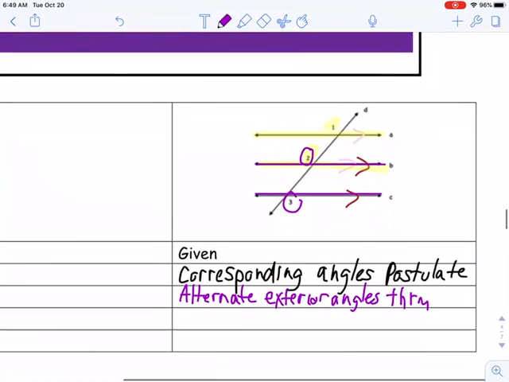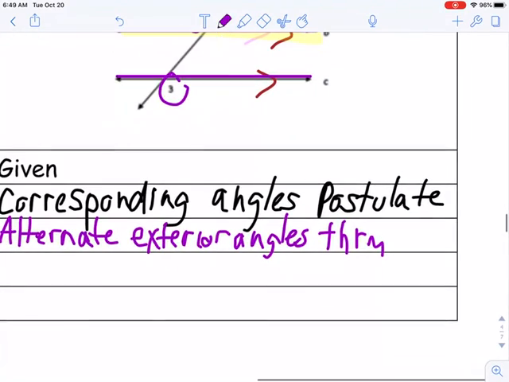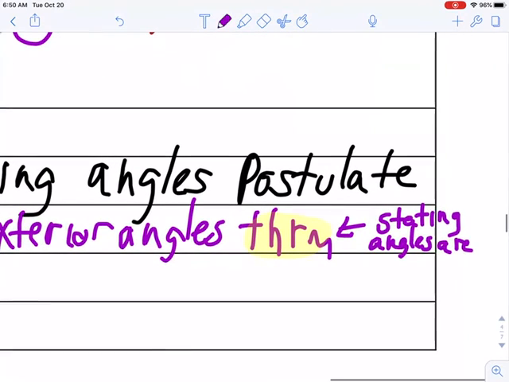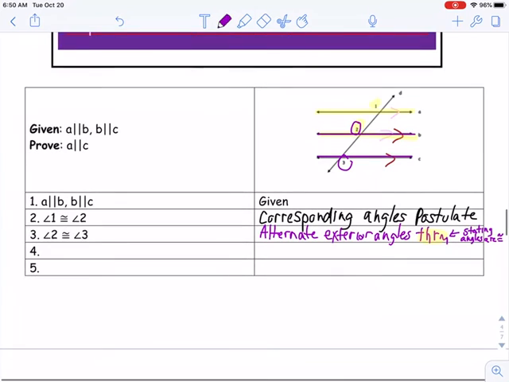Corresponding angles is a postulate we just accepted as fact, but remember that alternate exterior angles theorem we actually proved to be true. And it's a theorem because stating, this is a side note, stating angles are congruent. Little side note.